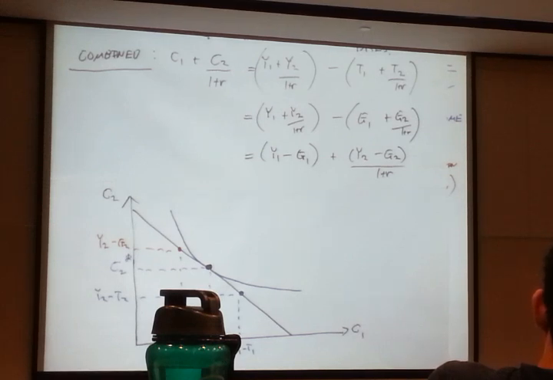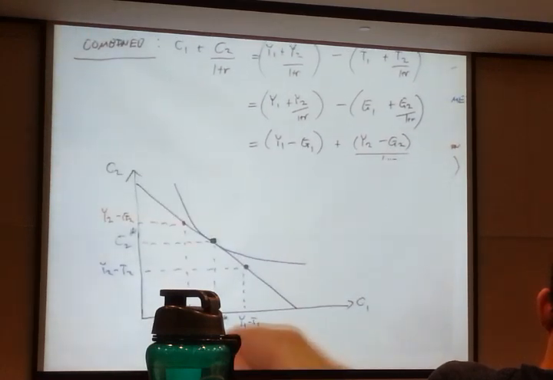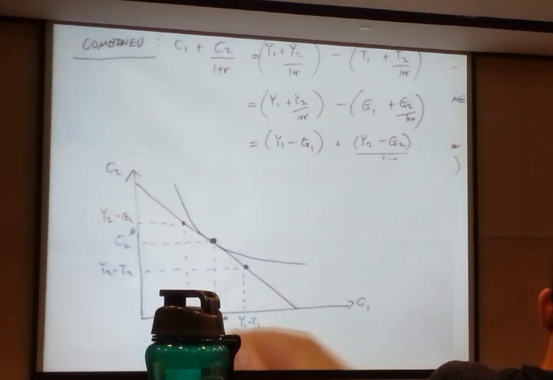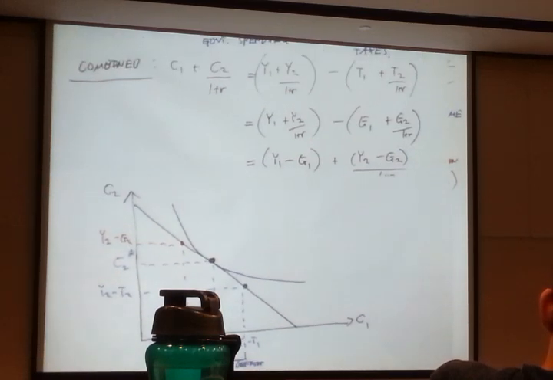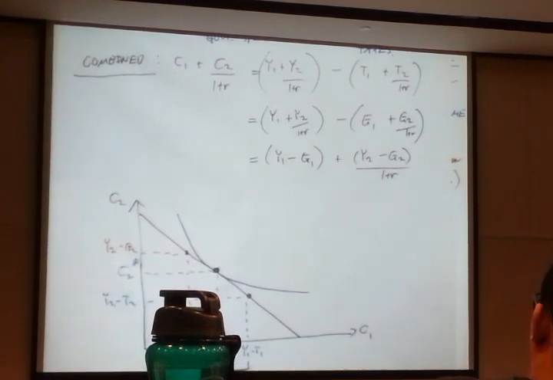If you think about it, this distance here, that's the government's budget deficit, which you can't see. That would be the budget deficit of the government. The government increases the deficit, gives people a tax cut. What will happen?